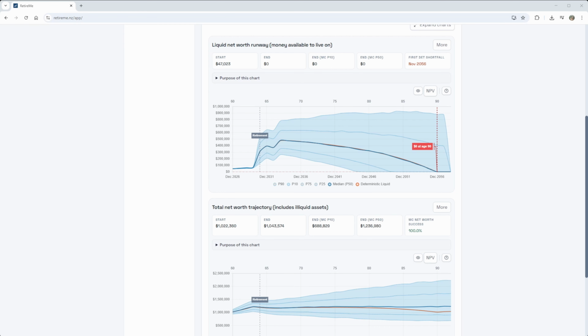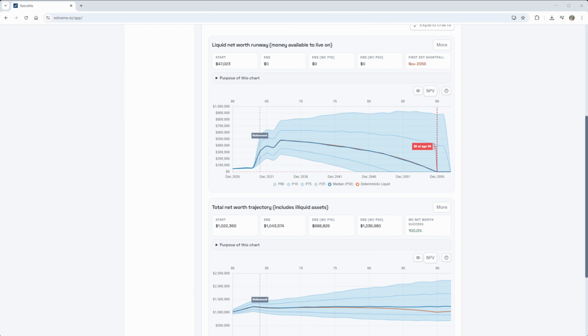So what the simulation does is run random variations in returns based on historical patterns, with a certain volatility and a certain spread. One simulation might represent a future where the market performed very well, and you end up with a lot of money at death or at 90 or beyond, much more than you would ever need.